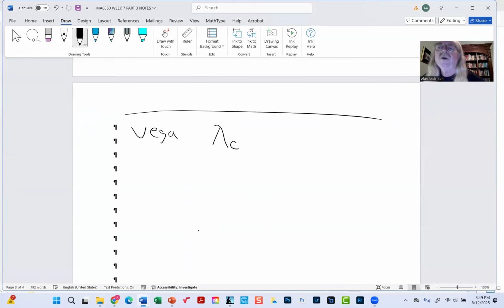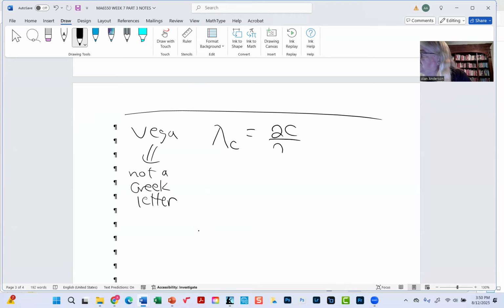Even though we know perfectly well there's a lambda, we often see this used to represent Vega. Vega is not a Greek letter. It's actually a star in the constellation Lyra. So I think somebody must have chosen it just because it sounded cool and it started with V. But it's the sensitivity with respect to volatility.